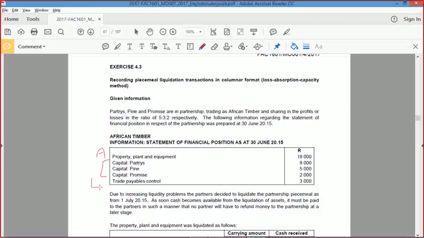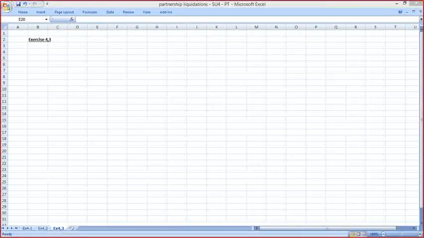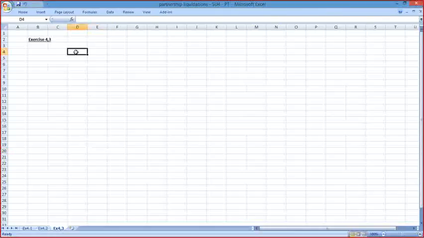Okay. All right, so to get easy marks here, I need to draw up columns. So let's go to our workings and let's draw up columns for all of those different accounts. I'm going to start with PPE. I then have capital: Patras, Pine, and Promise.